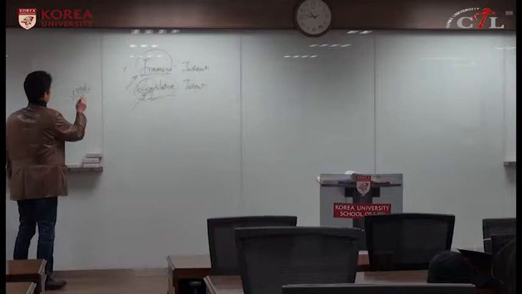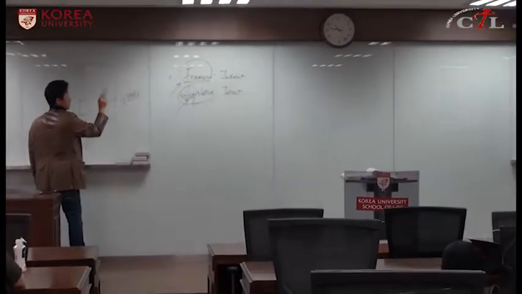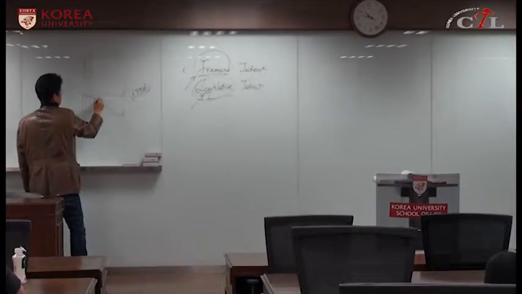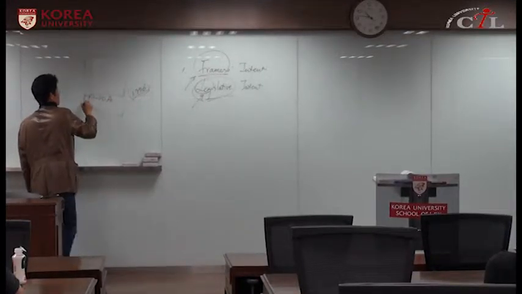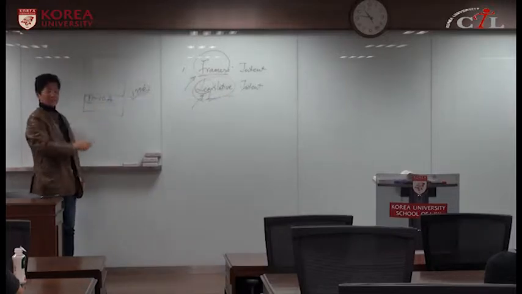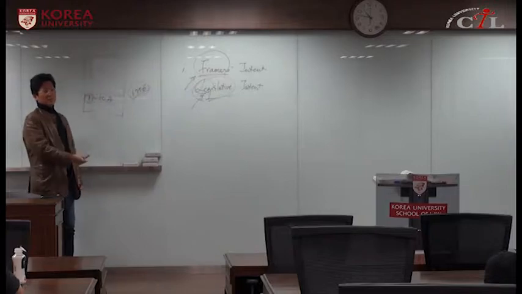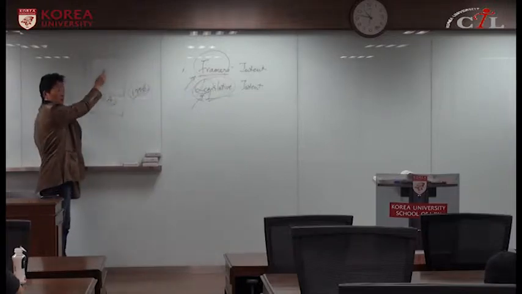Now, I told you that the Constitution was adopted together with the First through 10th Amendments. It's called amendment, but it's really not, because it was adopted together with the main text.